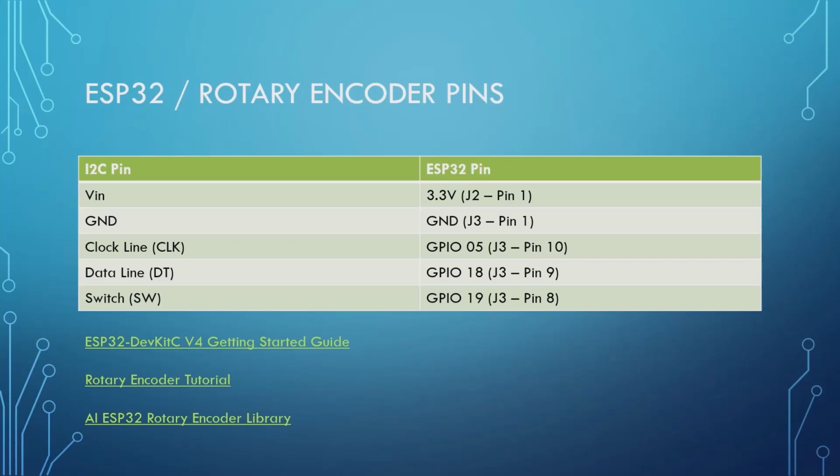We'll use GPIO 5, which is pin 10 on the J3, for the clock, and GPIO 18 for the data line. Because this has a push button switch, we'll also use GPIO 19 for the switch line. The clock, the data, and the switch are actually outputs.